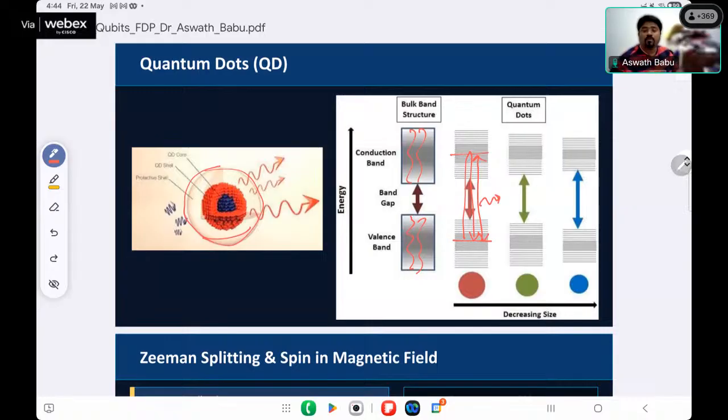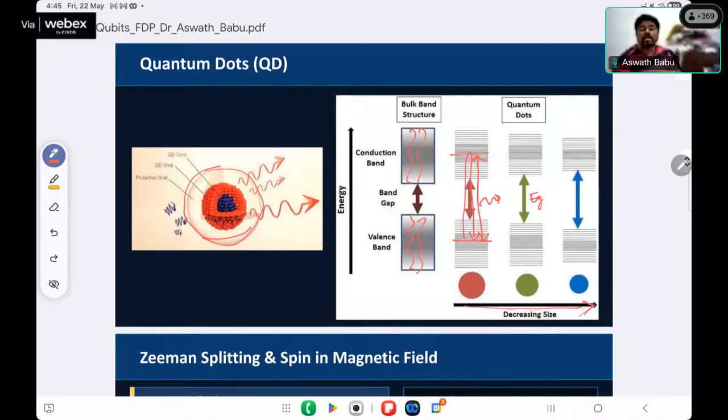If you have a larger energy gap, it will respond to slightly higher energy light, so they absorb green light, and when they de-excite, they emit green light, and so on. If you prepare the quantum dots such that they are confined to a very small region, decreasing the size, you see.